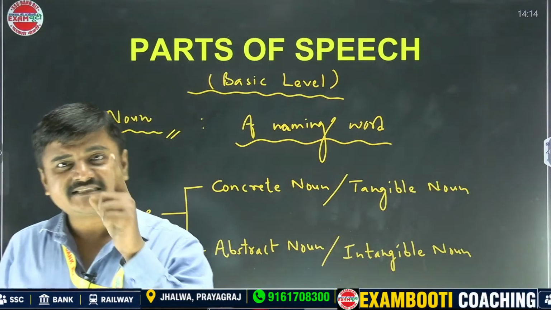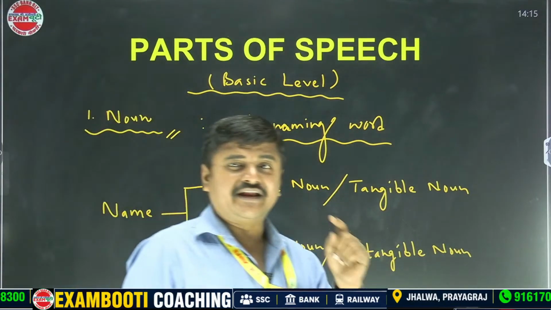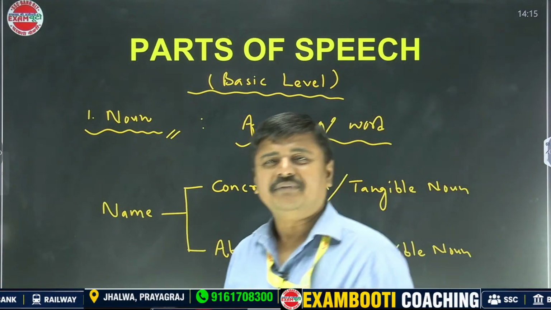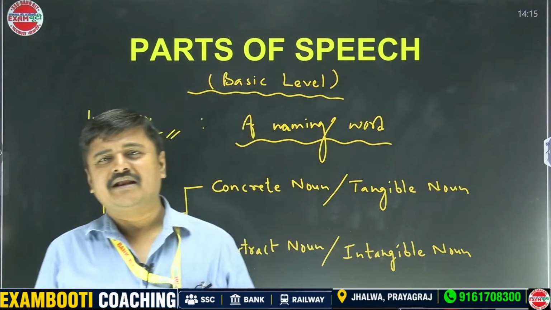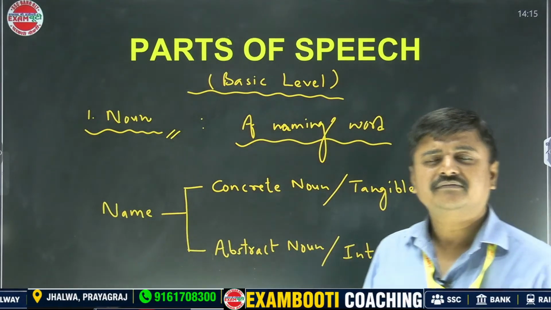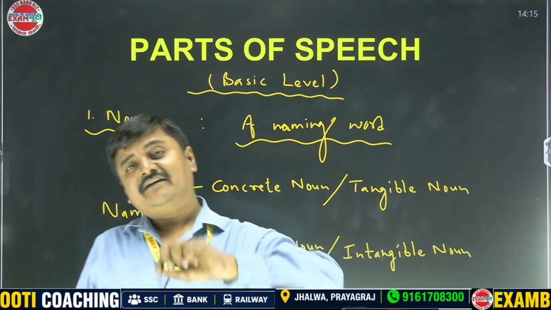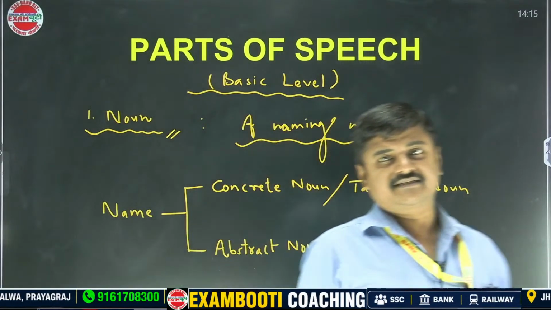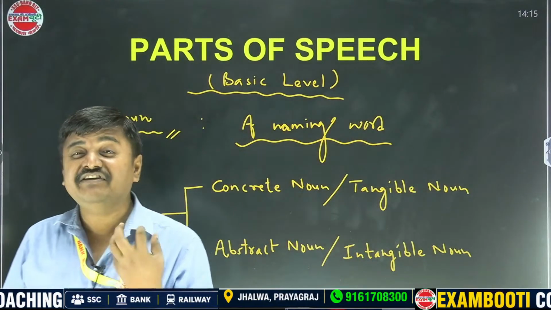And physical existence will be of those things which have the characteristics I just mentioned: length, breadth, depth, height, weight, color, size, shape, parameter, area, volume, any of these things. And the things that don't have any of these qualities, any of these characteristics, the things will be just perceived.